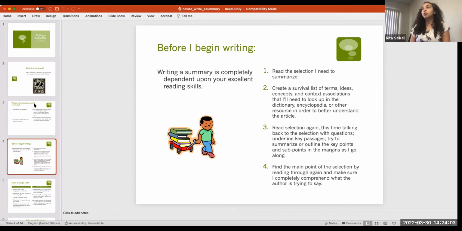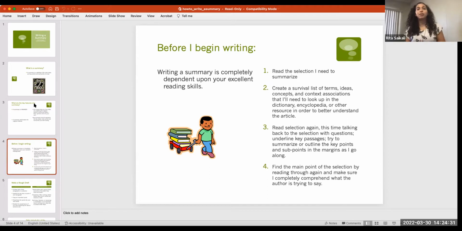So obviously we can't do that on the test, but on the test you can circle or take note of any important words or phrases in each paragraph that you think is relevant. You can reread the section again, this time with questions, underlining key messages, and trying to summarize or outline the key points or subpoints in the margins as you go, right?